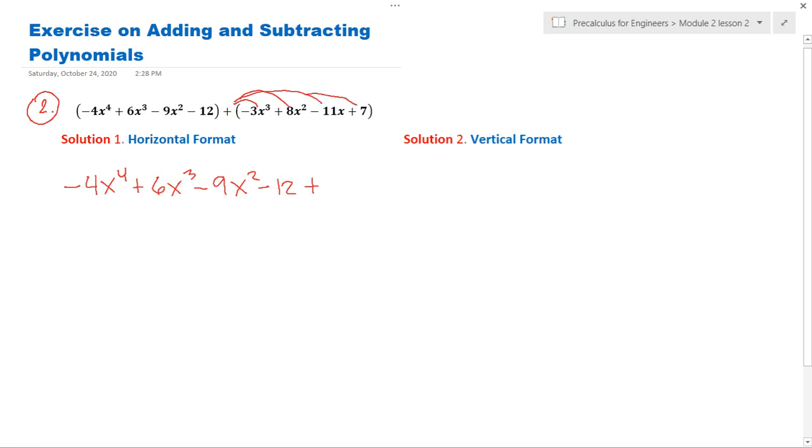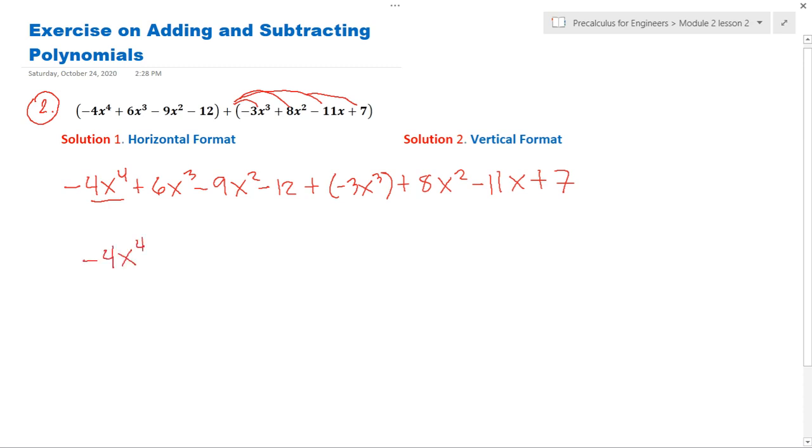So it's just equal to negative 3x cubed plus 8x squared minus 11x plus 7. Then combine like terms. So I spot here x to the fourth, since it is alone, it has no other x to the fourth. So just write it down, negative 4x to the fourth.